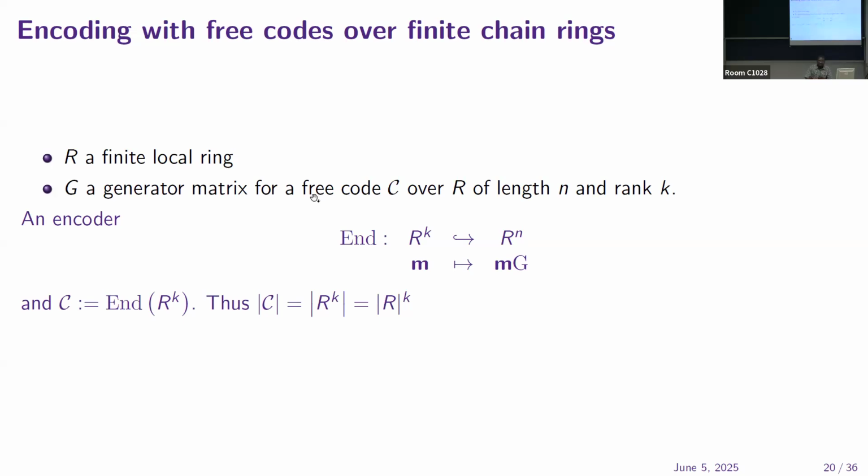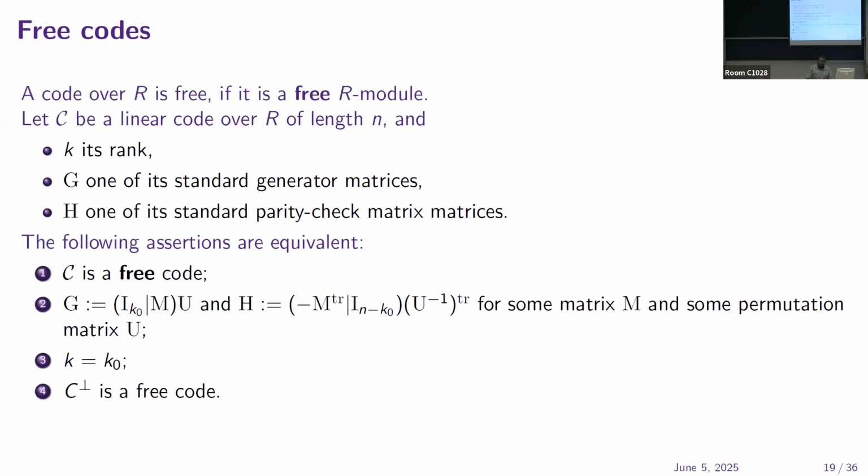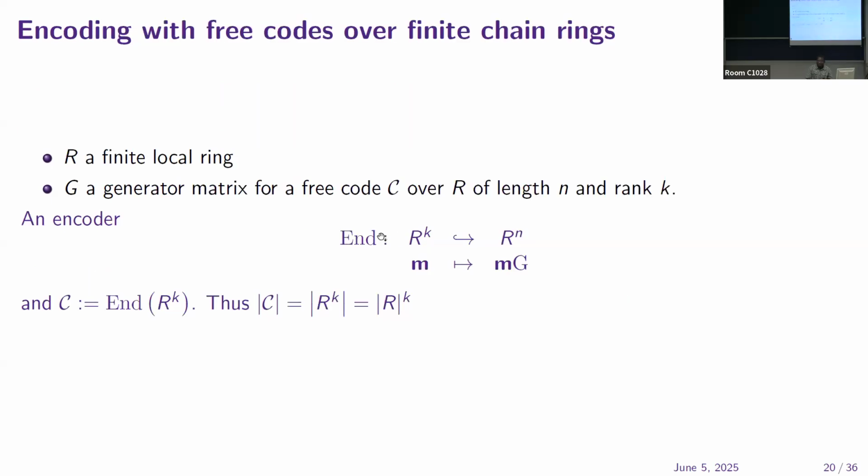We know that G can be put in this form. The encoder is an injective map. This function is injective. The image of this function is the error correction code. The cardinality of the error correction code is the cardinality of the alphabet to the power k. K is the length of the message.